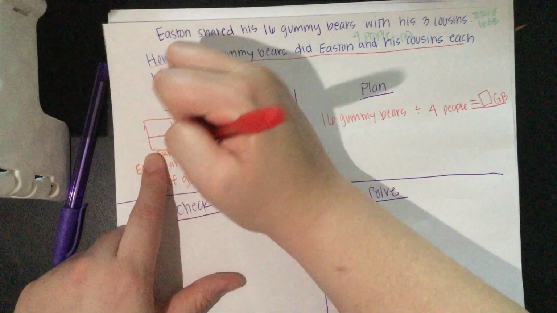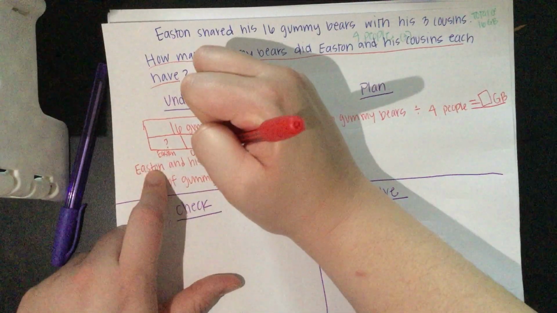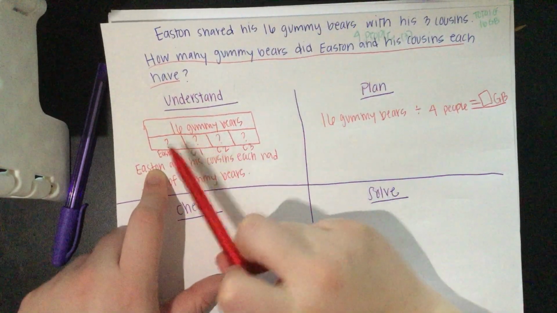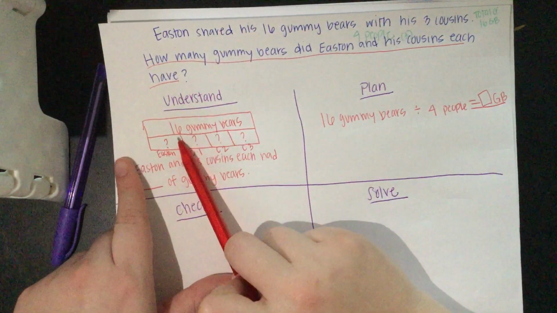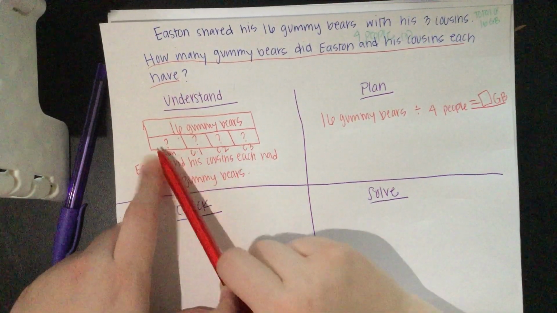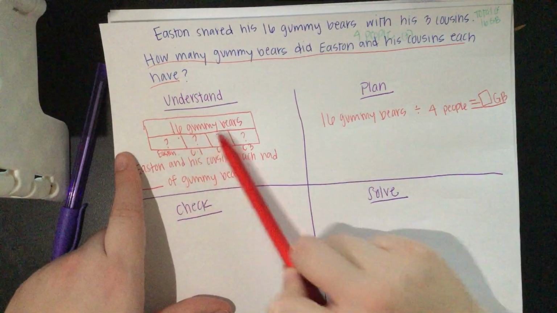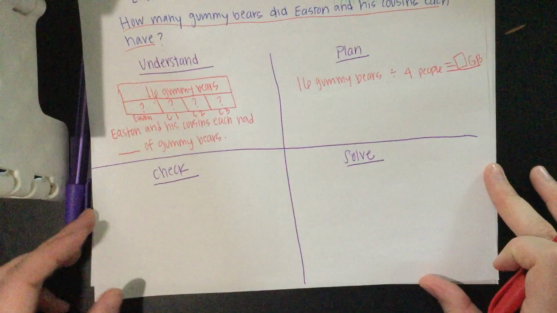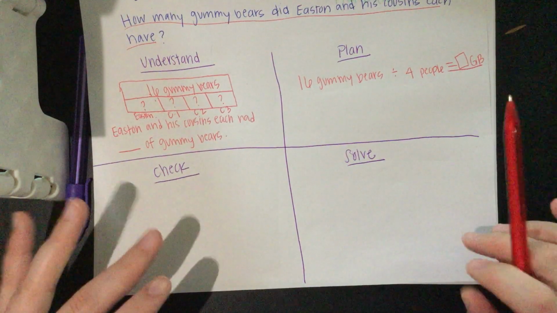So this right here in my strip diagram where I am putting the question mark, that is what you're trying to figure out. You're trying to figure out the number that goes here, the number that goes here, the number that goes here, the number that goes here. This number is going to be the same all the way across, okay?